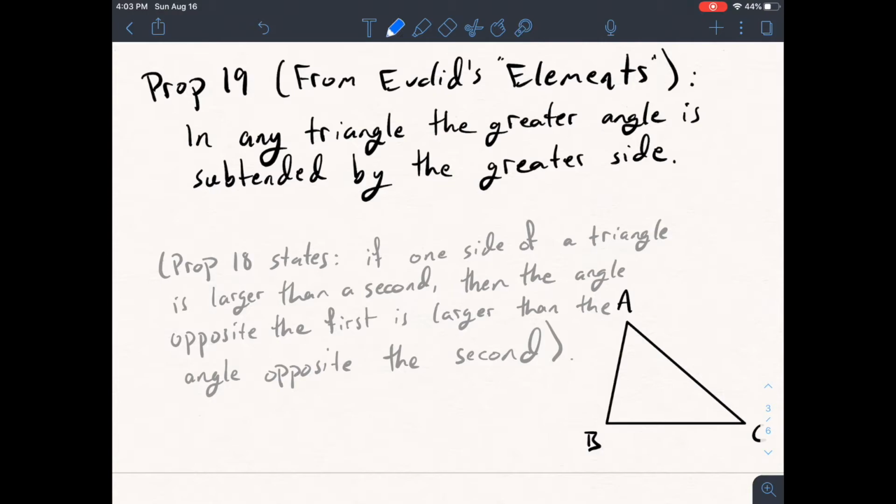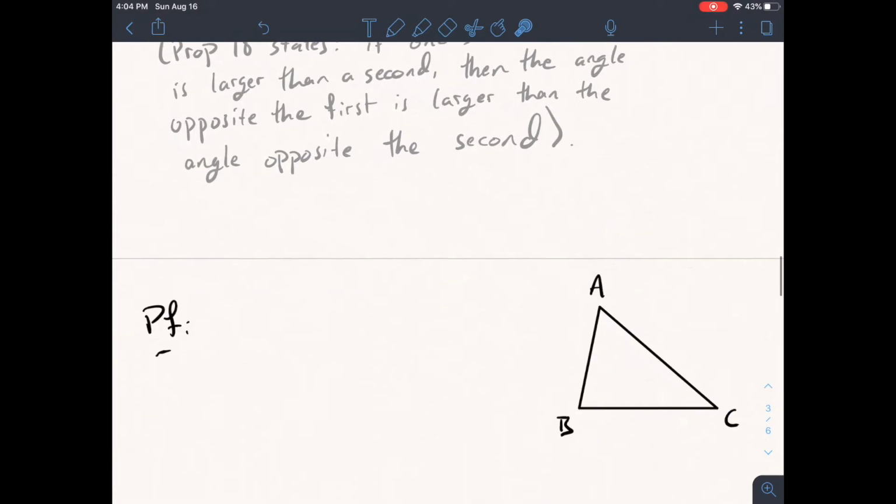So here in this picture, angle B is bigger than angle C, and Proposition 19 says that since angle B is bigger, the side AC has to be bigger than the side AB. Subtended just means that's the side that is opposite that angle. Okay.